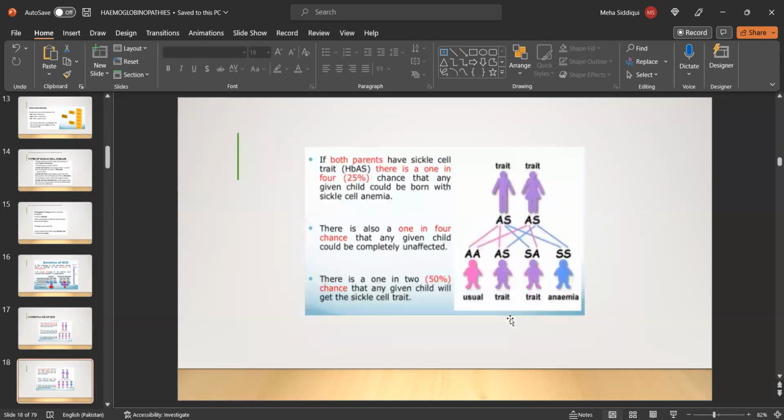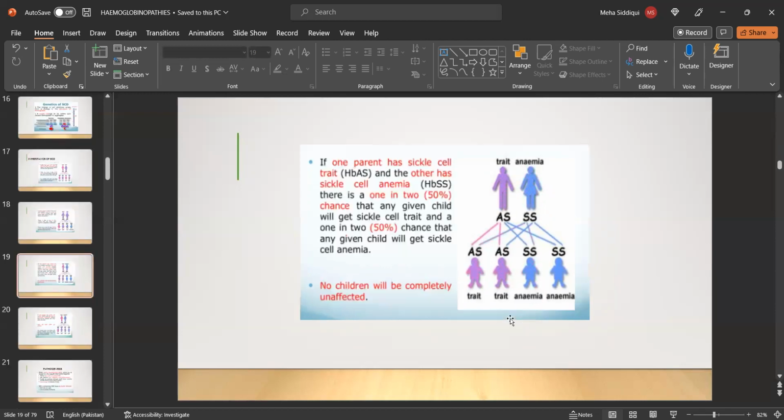And if both parents have sickle cell trait, then there is a 1 in 4 chance that the child will be normal, and 1 in 4 will have sickle cell anemia, and 50% of the children will be carriers.